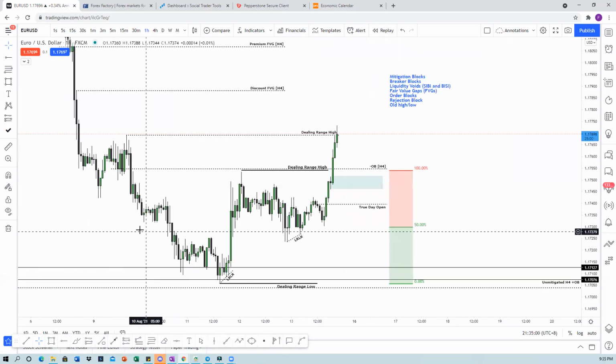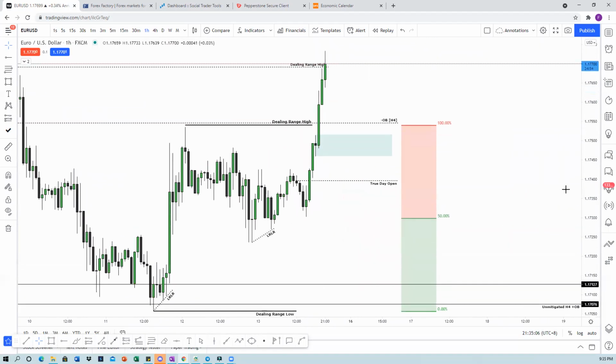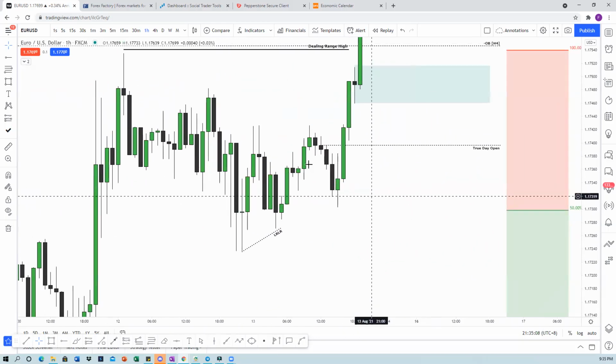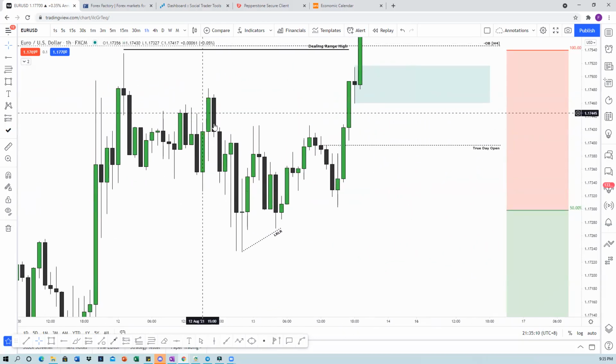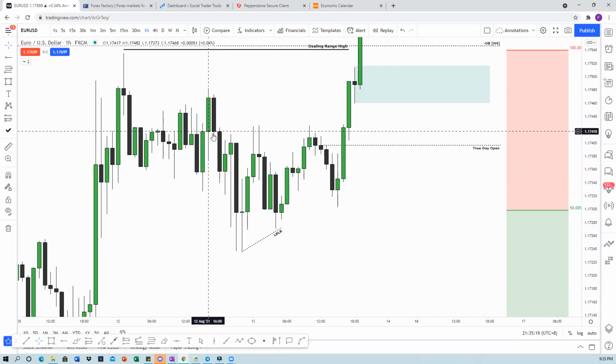Like for instance, let's take a look at, let's say, this one here, this bearish order block over here. You see price goes down, and you see this bearish candle over here wicks back into the body, right?